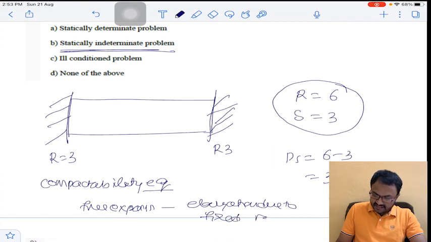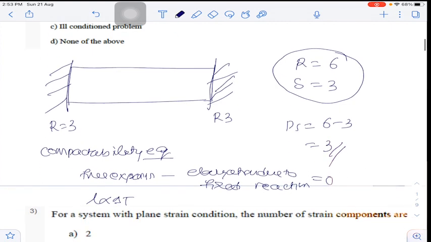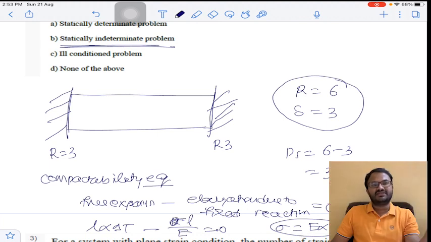So there is a reaction at fixed end, and the net elongation is equal to 0. So that is L alpha delta T as free expansion minus R_A, that is sigma L by E, is equal to 0. By this you will get sigma is equal to E alpha delta T. So E alpha delta T stress will be developed when both ends are fixed.